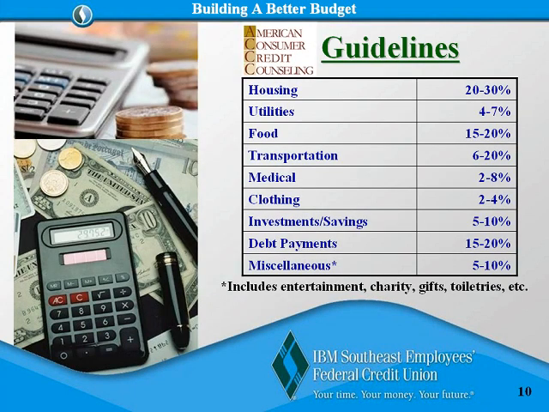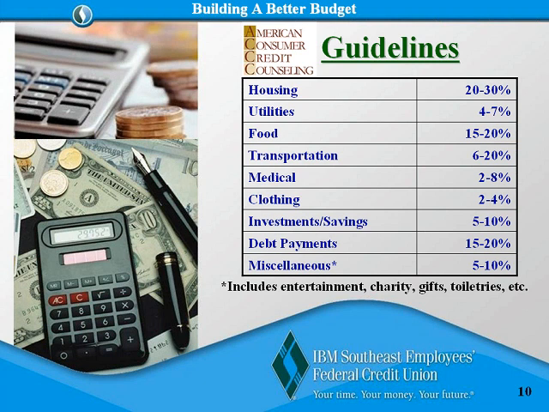To help you get a feeling for what the average household spends on which areas of essential living expenses, we contacted the American Consumer Credit Counseling Agency. They provide this information to help people get a better understanding of what, on average, Americans end up spending their money on.